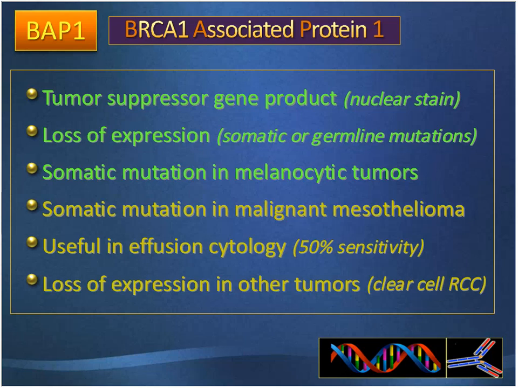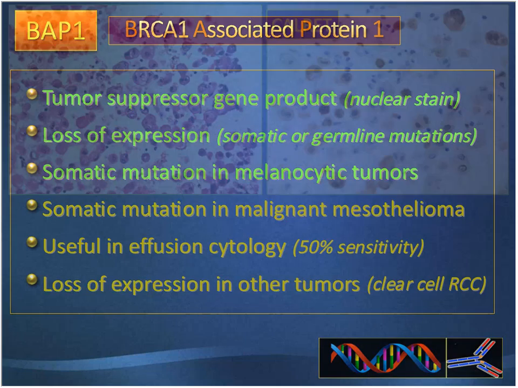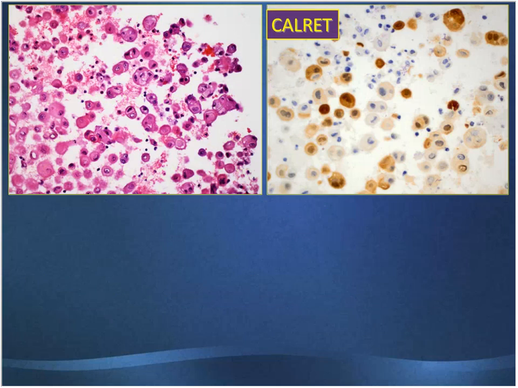I would say about half of these proven malignant mesotheliomas, whether in tissue or in cytology, may be negative. Occasional expression is also seen in some tumors, such as clear cell renal cell carcinomas. And I'll give you an example of this particular marker.